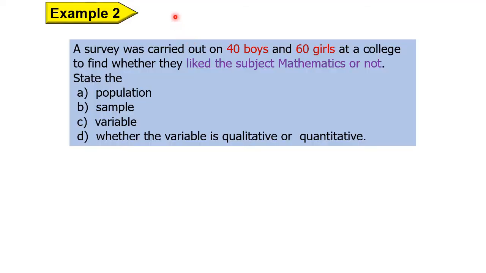Right, so look at example 2 over here. A survey was carried out on 40 boys and 60 girls at a college to find whether they like the subject mathematics or not. State the population, sample, variable, and whether the variable is qualitative or quantitative.